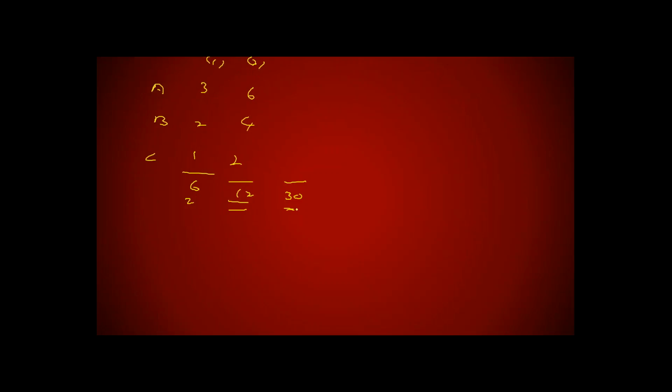How much A should be there? Let me put it in a different way and see whether I can teach you, because if I can't teach you, I can't proceed from here. Total 6, A 3 kilograms.